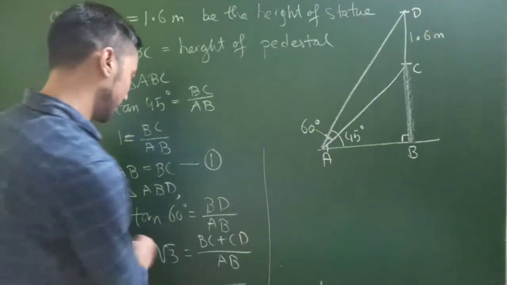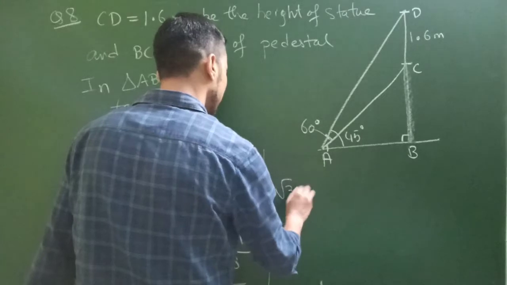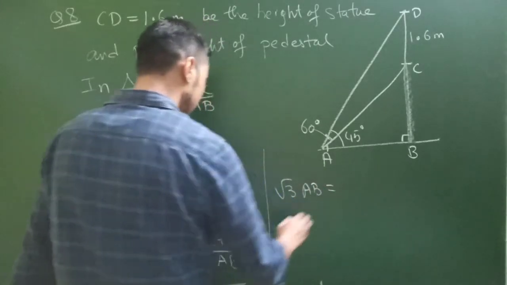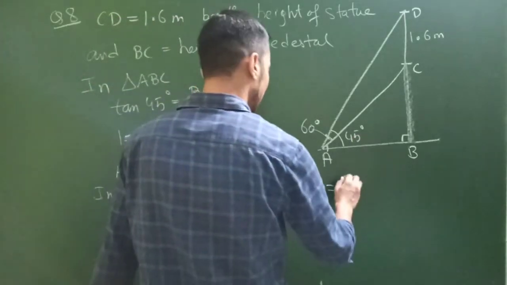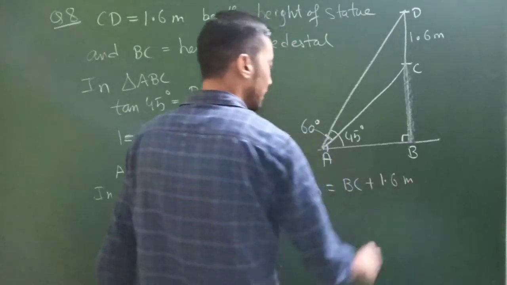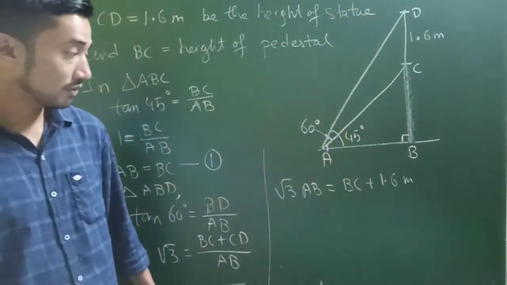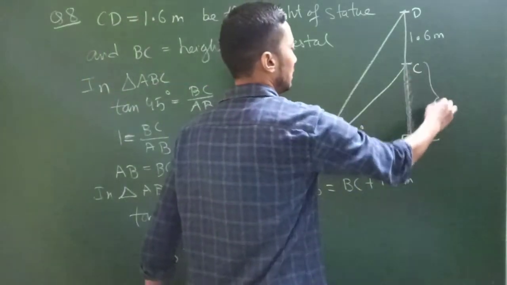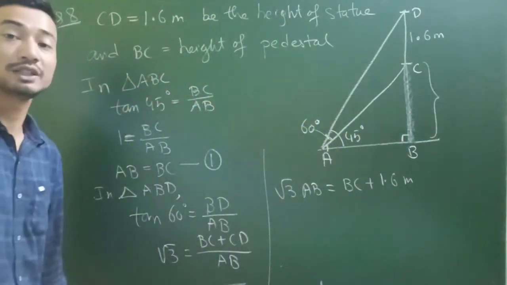Okay, so now cross multiplying we will have root 3 into AB is equal to BC, we do not know, plus CD is 1.6 meter. And what are we supposed to find out here? BC, because that is the height of the pedestal.